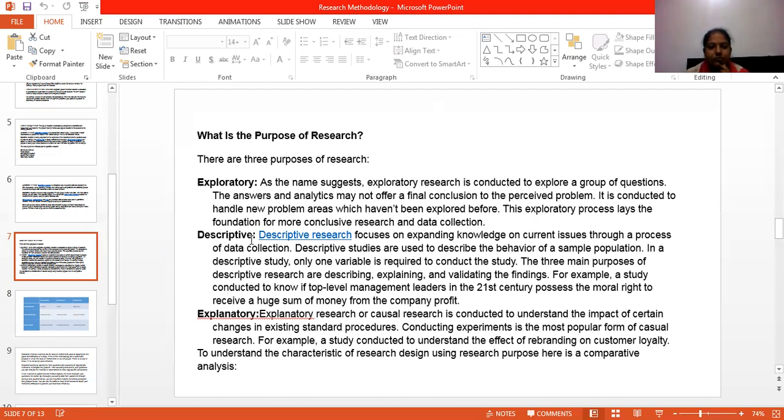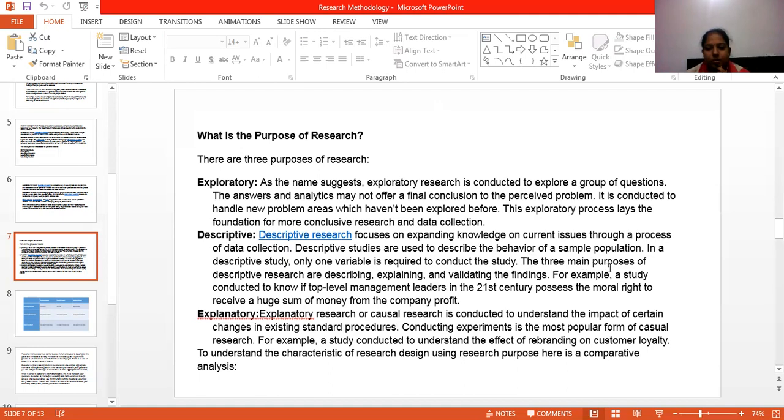Next is descriptive research. Descriptive research focuses on expanding knowledge on current issues through a process of data collection. Descriptive studies are used to describe the behavior of a sample population. In descriptive studies, only one variable is required to conduct the study.